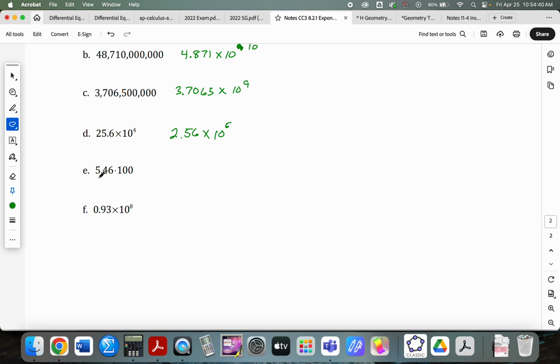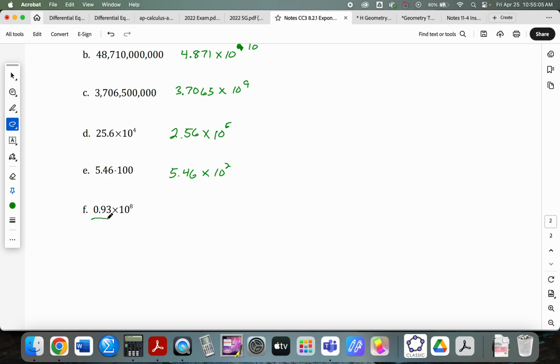What's the problem we have here? There's no exponent. It's supposed to be something times 10 to a power, so it's 10.46 times 10 to the second power, because 100 is 10 to the second. Again, the exponent is how many zeros there are in that power of 10.